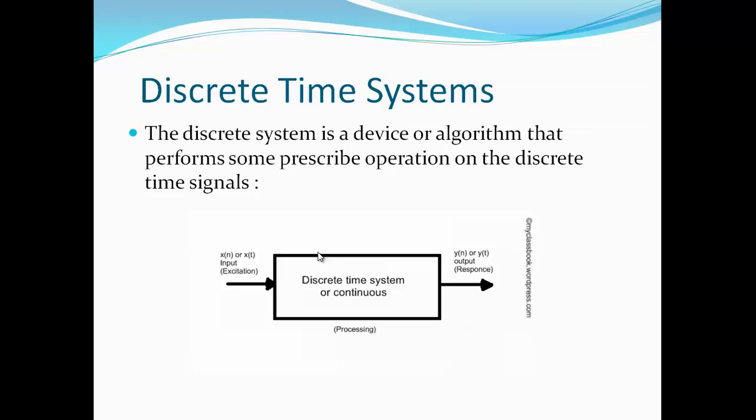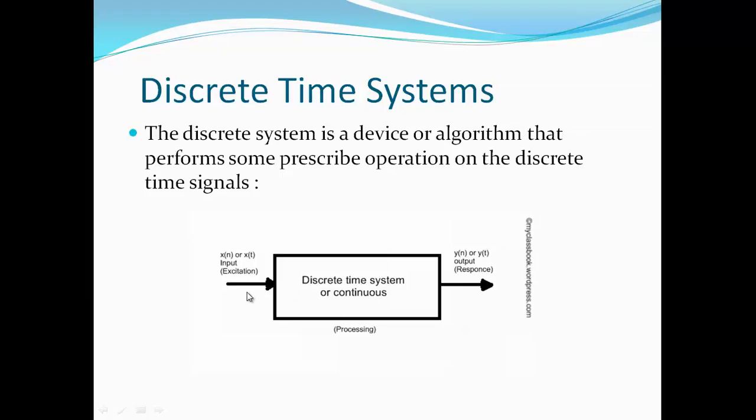And what you get as the resultant signal is the output or the response, fine. This may be discrete or continuous, but in DSP we are discussing discrete time only, right?